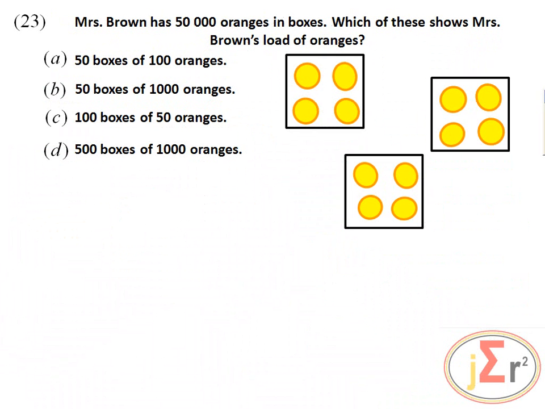Mistress Brown has 50,000 oranges in boxes. Which of these shows Mistress Brown's load of oranges? And notice that what we have here is not 50,000 oranges, but only a few oranges.